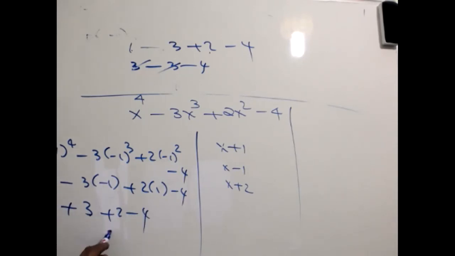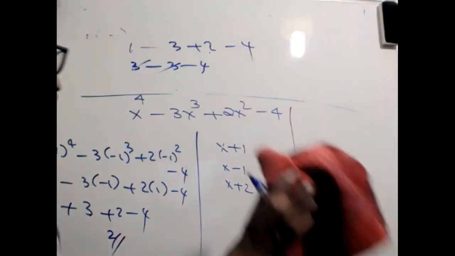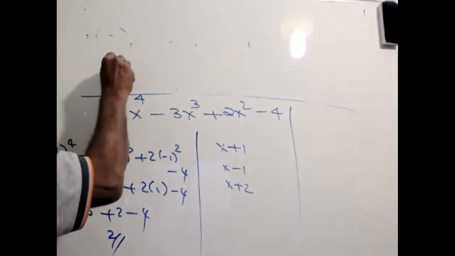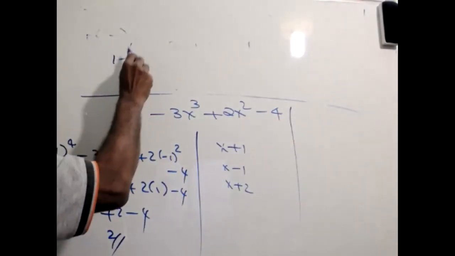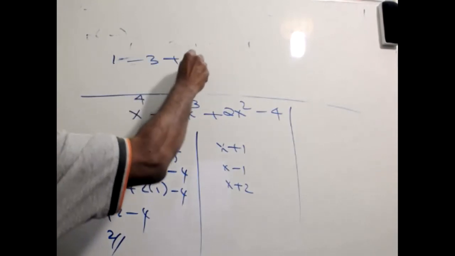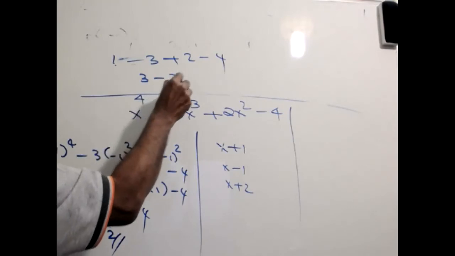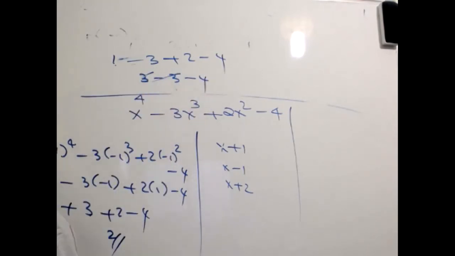Answer is 2. First question answer is 2. Second question, substitute 1. That's simple. 1 minus 3 plus 2 minus 4. Answer: minus 4, right?